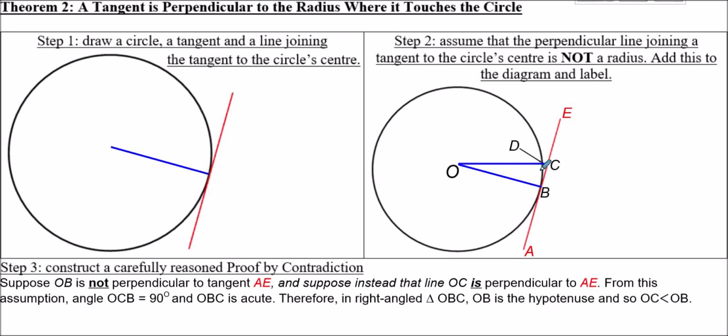So because we're assuming this is a right angled triangle, we're assuming that the right angle is here. In this right angled triangle OBC, OB, this one here, must be the hypotenuse. Remember, the side opposite to the right angle in a right angled triangle is always the longest side. So using our assumption, OB is the longest side, and so OB is longer than OC.